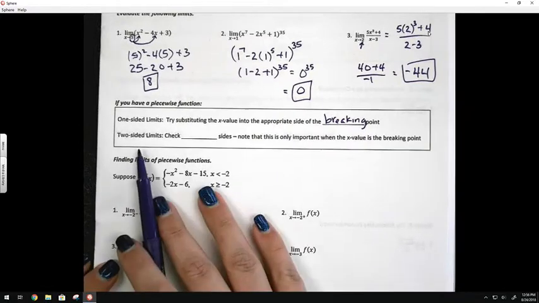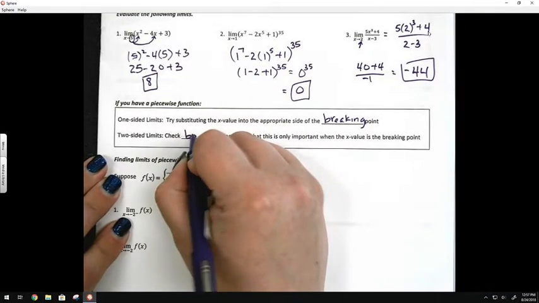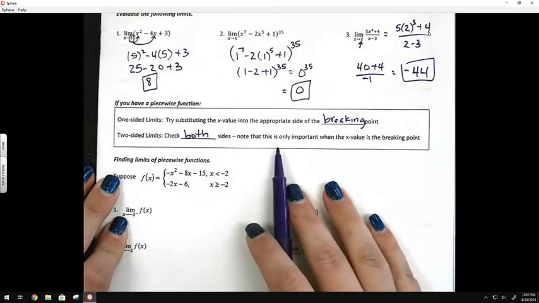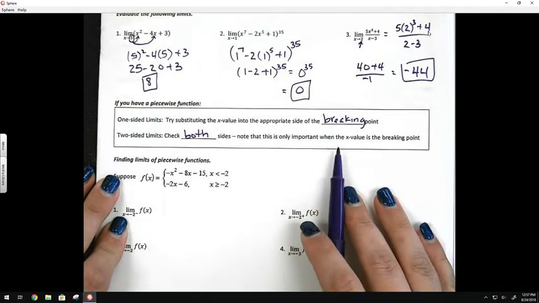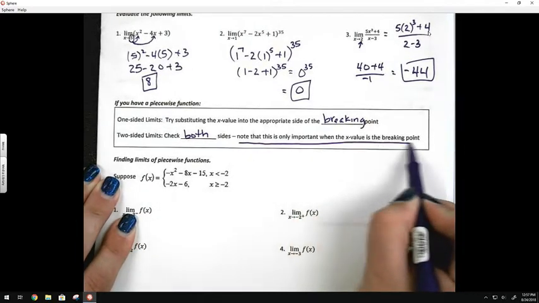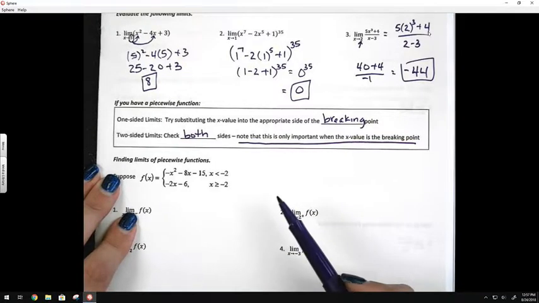If we're looking for a two-sided limit, we have to check both sides. And notice, this is only important when the x value is the breaking point. It's only important when the x value is the breaking point, which means if I'm evaluating something that's not the breaking point of my piecewise, I can just plug it into whatever part I want.